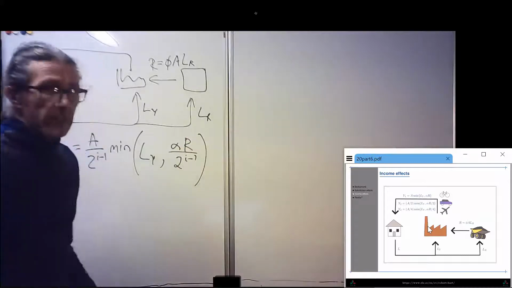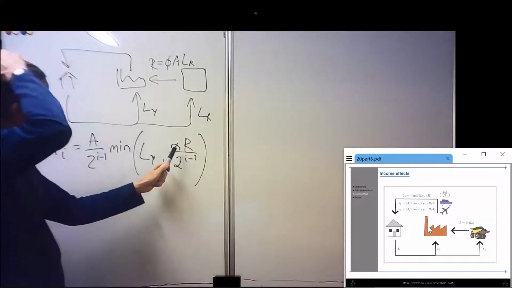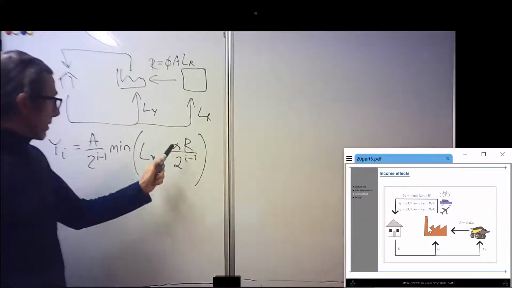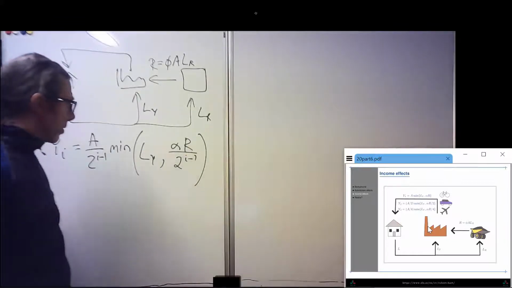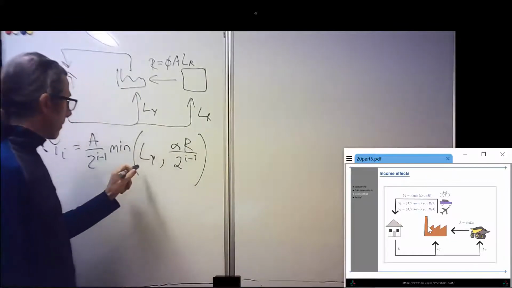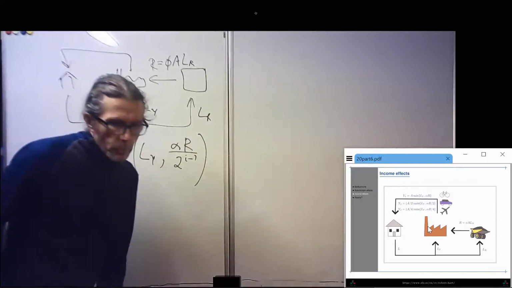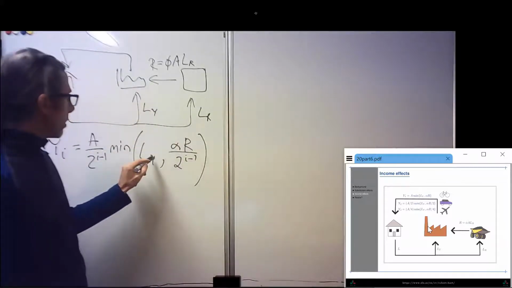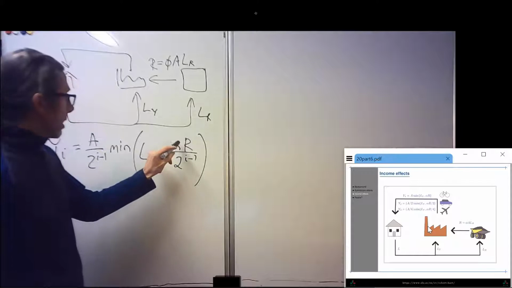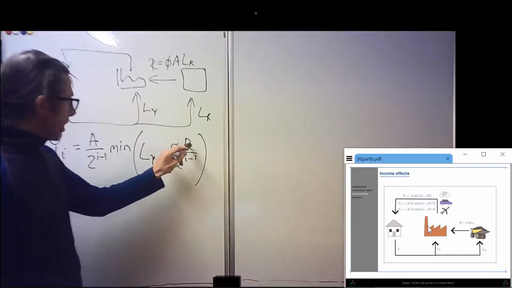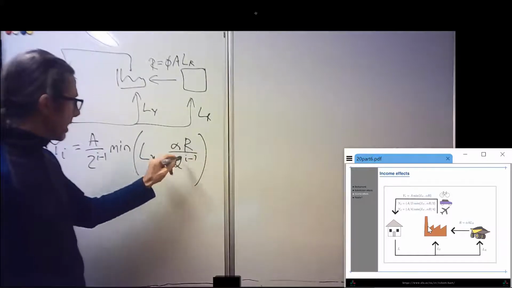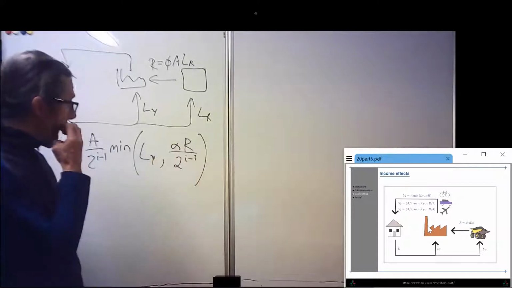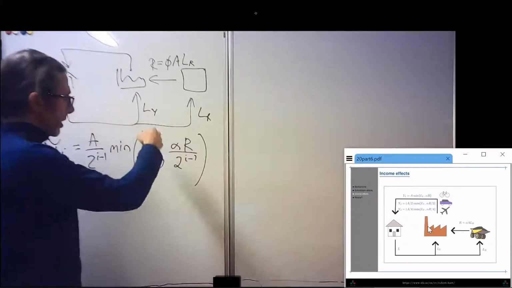So what's that telling us? It's telling us that for product 1, for each unit of Ly, we need 1 over alpha units of R. But for product 2, for each unit of labor, we need alpha R over 2 to be equal to 1, doesn't it?